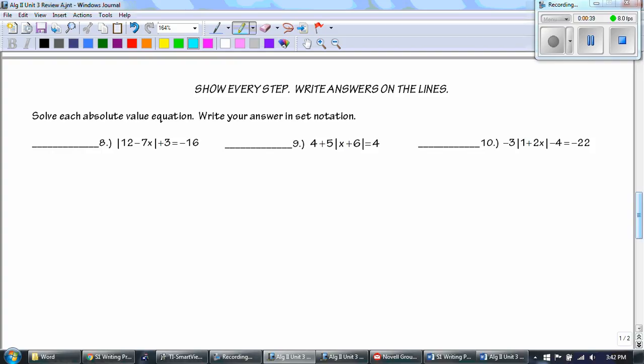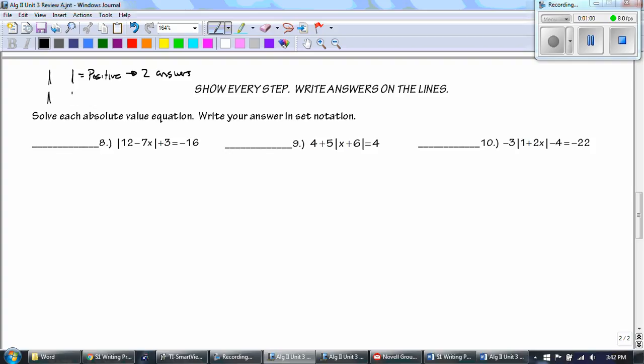Now, just a reminder, first we want to get the absolute value by itself, okay? So when the absolute value equals a positive number, we are going to have two answers.